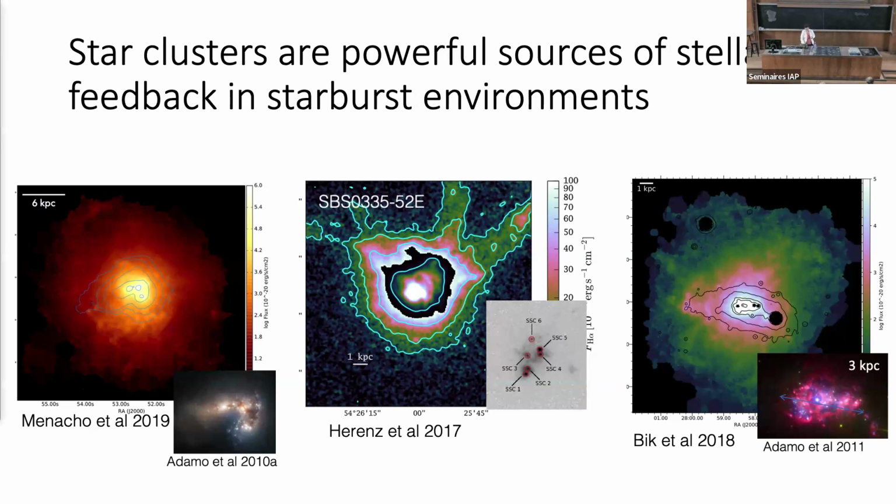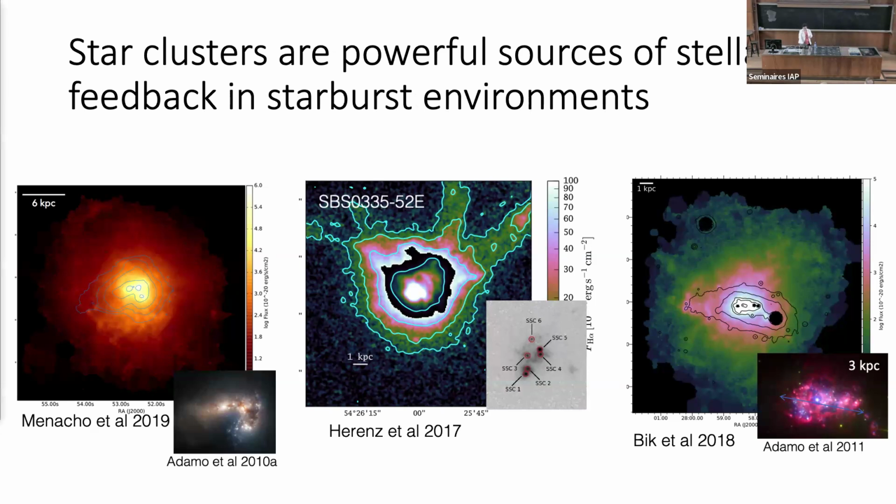We see that the star clusters, even in low mass dwarfs like SBS 0335 and other blue compact galaxies, have been able to blow out the ISM of galaxies and create large, galactic-scale outflows, and a large halo of ionized gas around these galaxies.